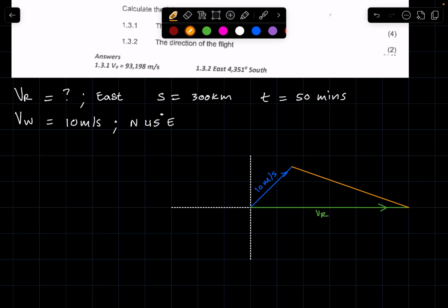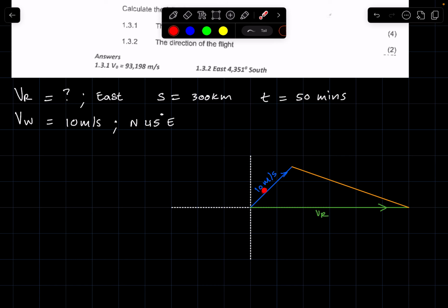But to complete the vector diagram, we now have to show direction. And as far as direction, in drawing the vector diagram, we follow the triangle law. As far as the triangle law, the two components of the resultant must follow a head to tail direction.